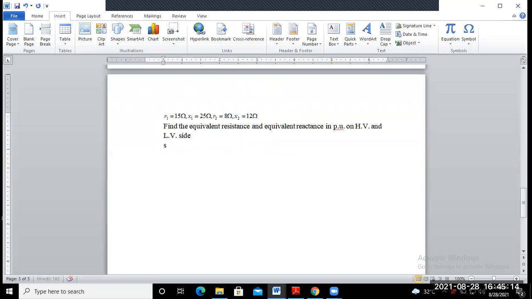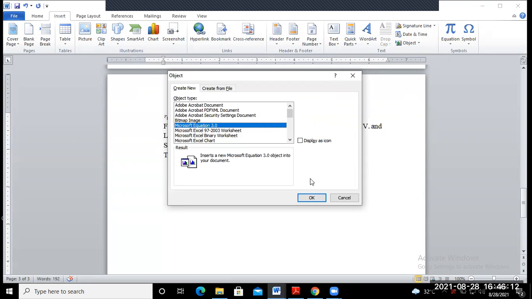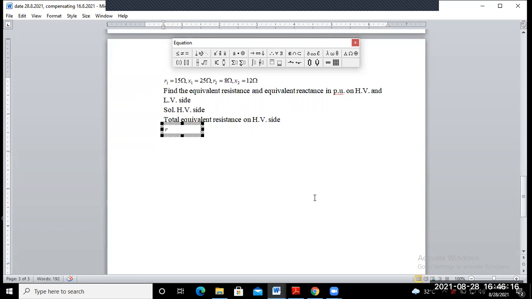So if you consider the HV side, then what is the total equivalent resistance on the HV side, represented by RE1.